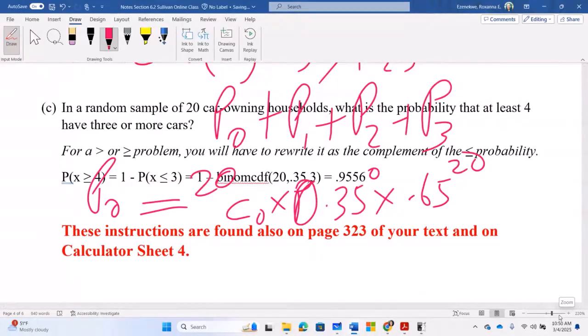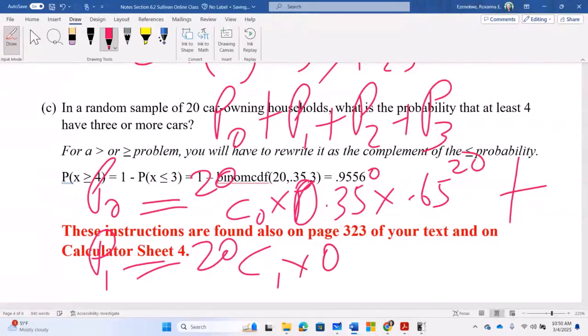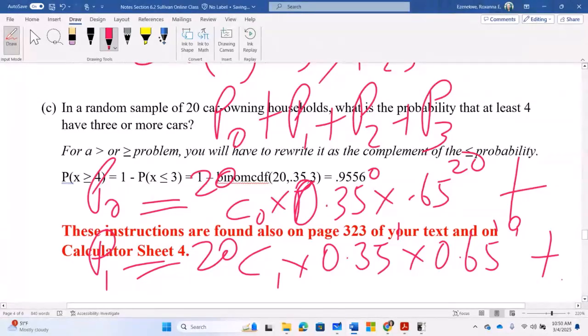Okay, then I am going to calculate this and add it to P1. And what is P1? P1 is 20 combination 1 multiplied by 0.35 to power 1 multiplied by 0.65 to power 20 minus 1, which is 19. And then I add it.